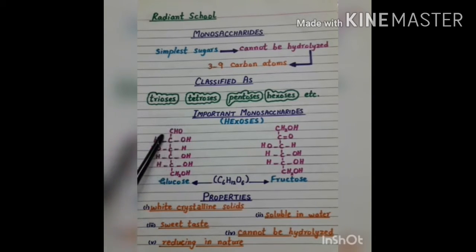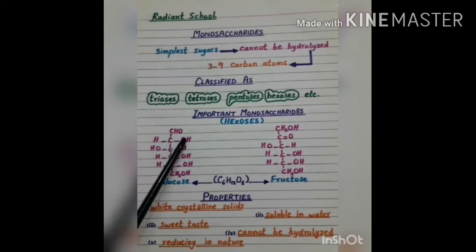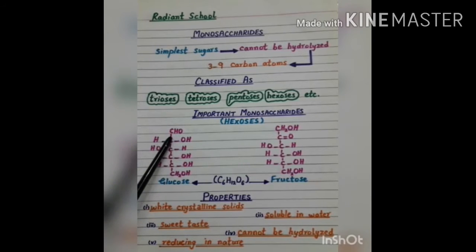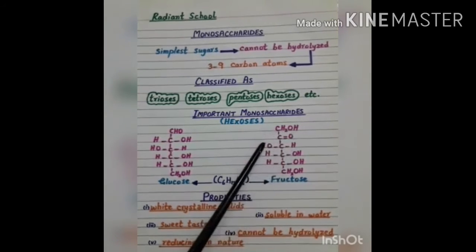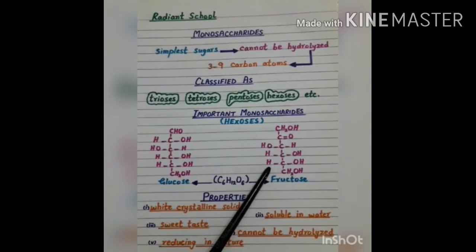You can see here the functional group CHO, meaning the aldehyde group is present here. And in case of fructose, it is a pentahydroxyketone. Here is the functional group of ketone, CO, and on both sides R groups are attached. So fructose is a pentahydroxyketone and glucose is a pentahydroxyaldehyde.